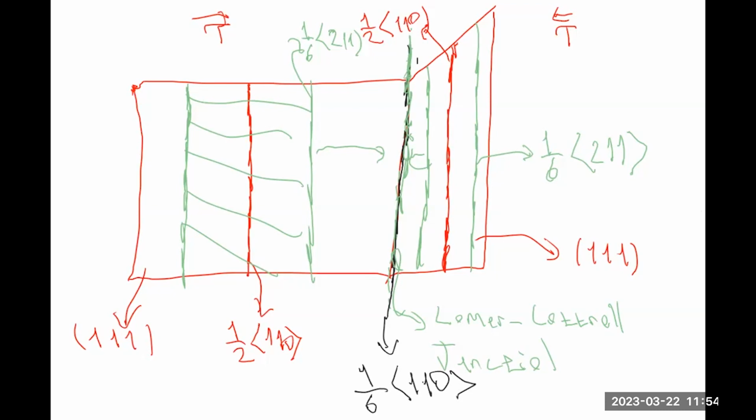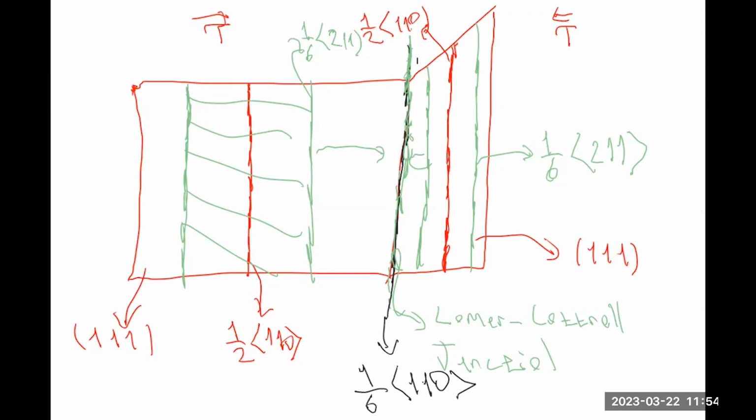So the Shockley partials form stair rods at the Lomer-Cottrell junctions, and we have some pinning. We have some lock, and this lock creates the hardening for the FCC crystal structure.